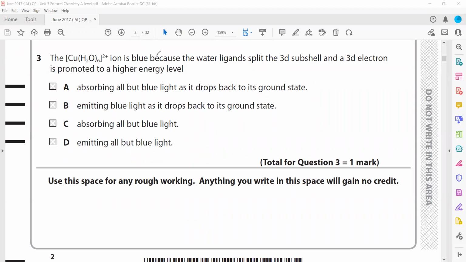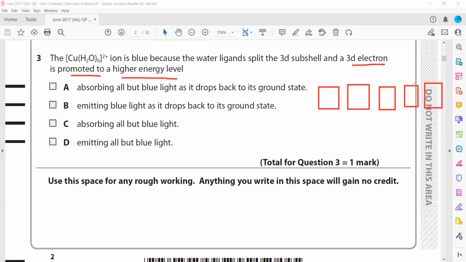And how we identify, because as I mentioned, the electron is promoted to a higher energy. The d subshell is actually divided into 5 orbitals: dxy, dyz, dzx, dx squared minus y squared and dz squared. But due to the presence of the ligand, these orbital splitting will occur. The energy is distributed between the orbitals.